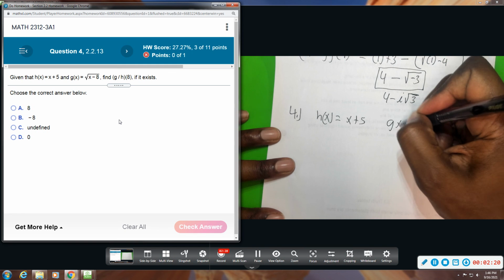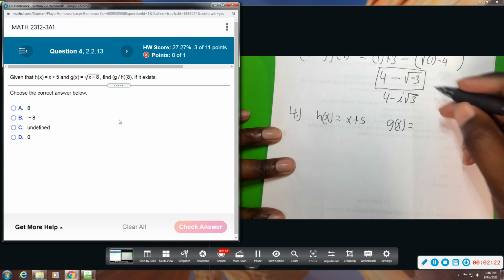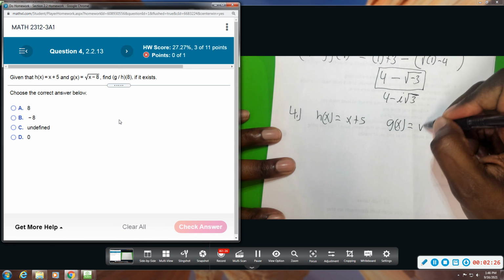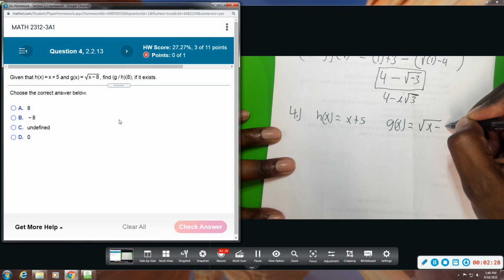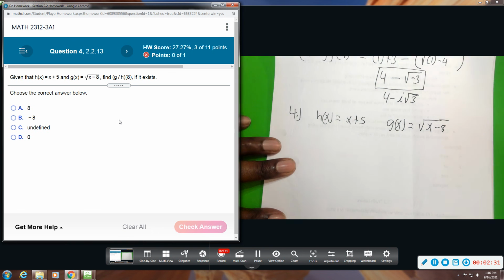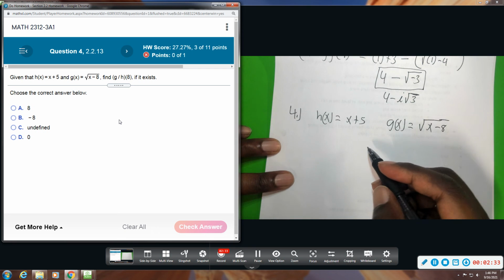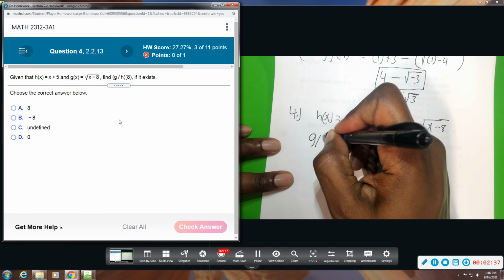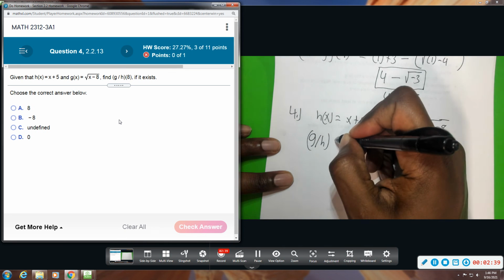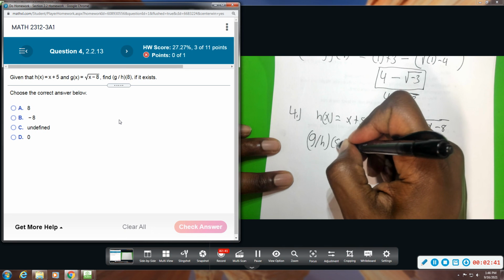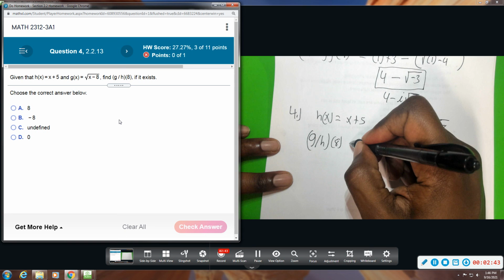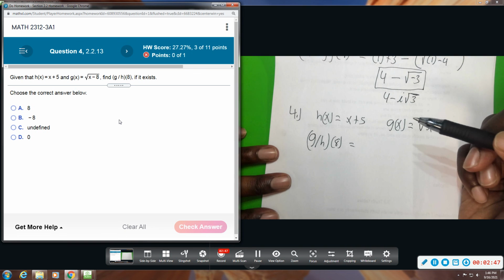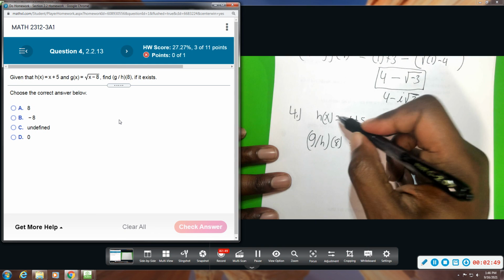G of x is the square root of x minus 8. And we want to find g divided by h of 8. You must be mindful whatever makes h 0 would not be a solution. It won't work. But we're just plugging in 8 this time.